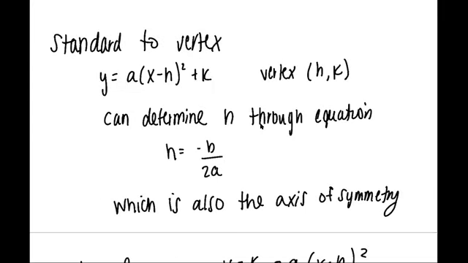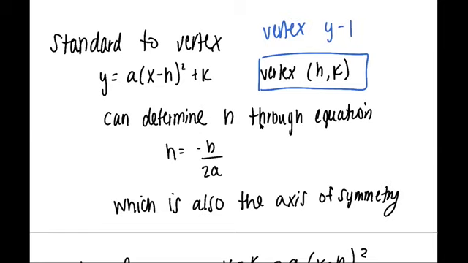Going from standard to vertex form, we looked at completing the squares, but we also know that the vertex is at point (h, k), and the vertex form is y minus k equals a(x minus h) squared. If we just knew what h and k were, this would get easier.